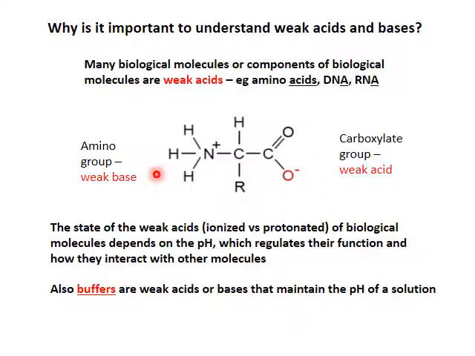So biological compounds typically have weak acidic or weak basic groups on them. There are some exceptions, like those that have sulfur as part of a hydrophilic group, as we saw with the lipids in the topic where we looked at the hydrophobic interaction.